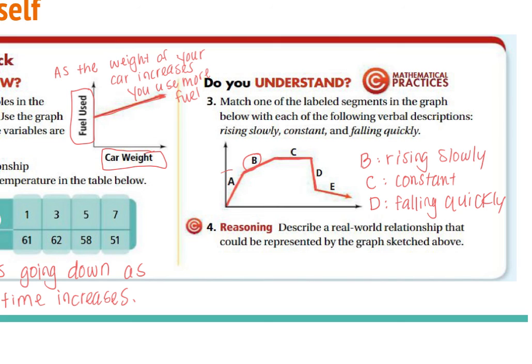B represents when the fuel kind of gave out. C represents when it's like idle in the air, it's like about to fall. D represents when it's falling really, really quickly. So its fuel's given out, it starts to fall really fast. And the E portion represents when the parachute's gone out and it starts to slow down. So this could be our rocket example.